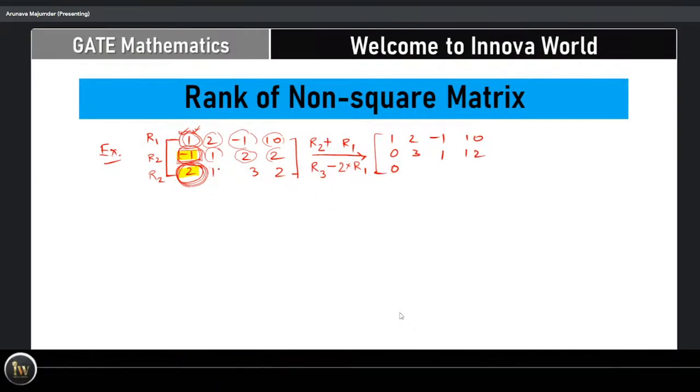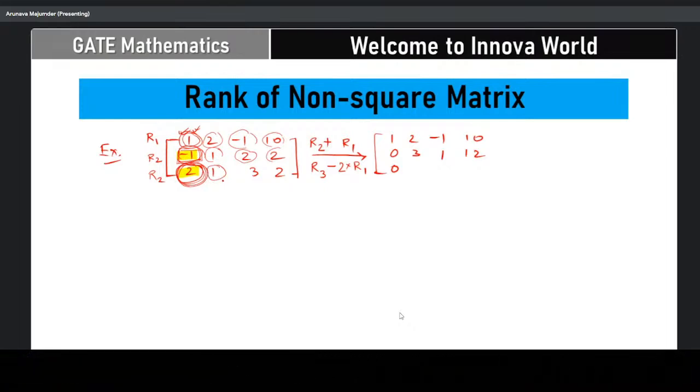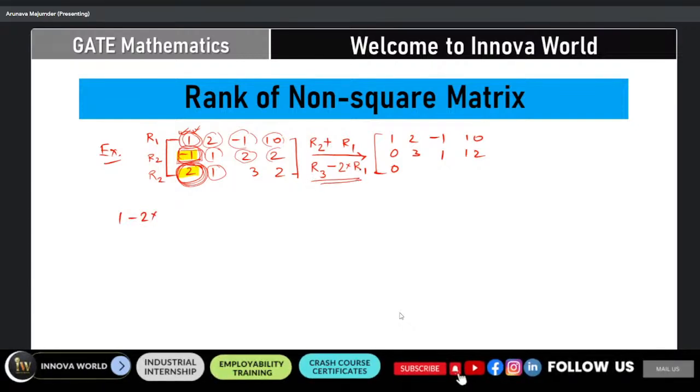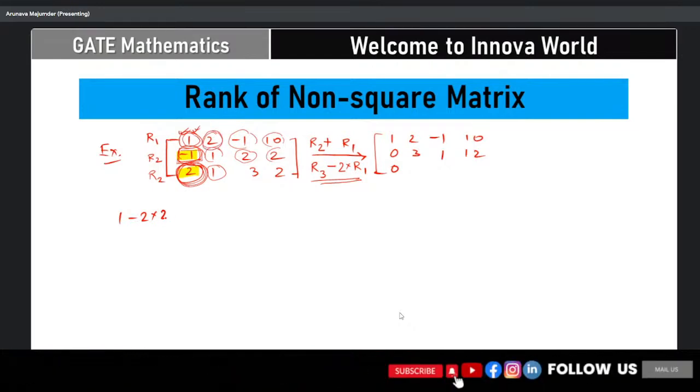Now come to the third row. What is the second element of the third row? It is 1. So 1 minus 2 into, look at this operation, minus 2 into R1, that is row 1. What is the second element of row 1? It is 2. So 1 minus 2 into 2, it is minus 3.